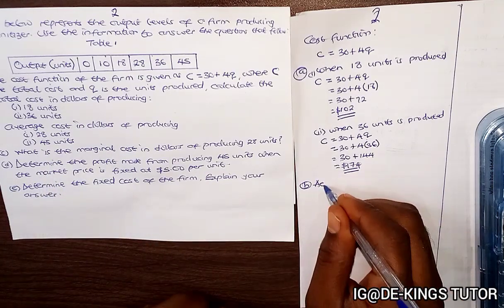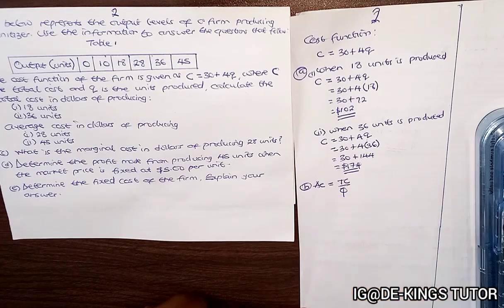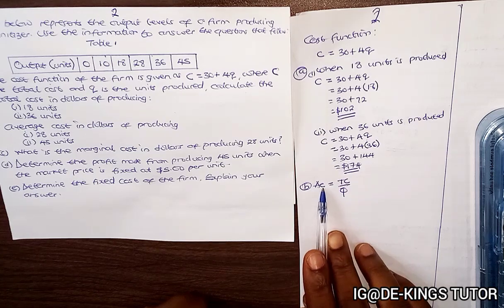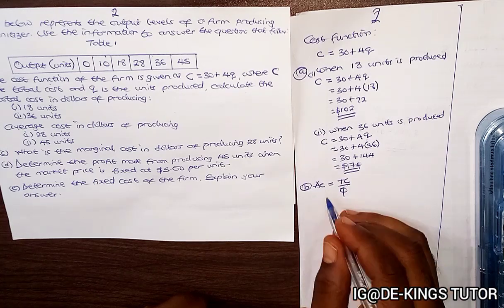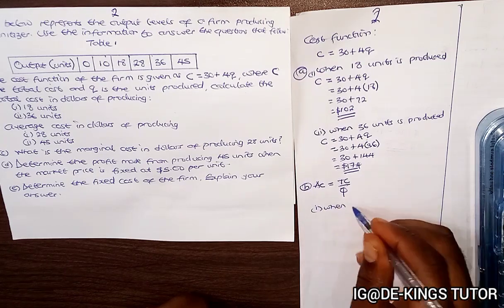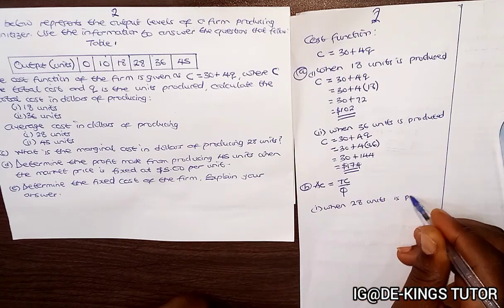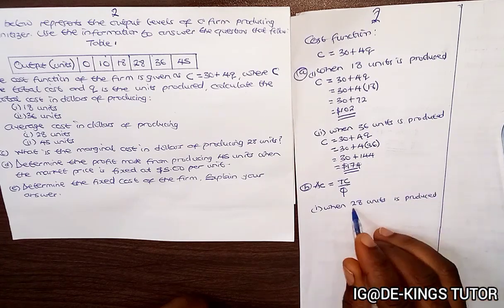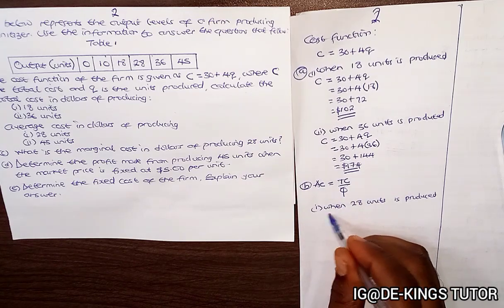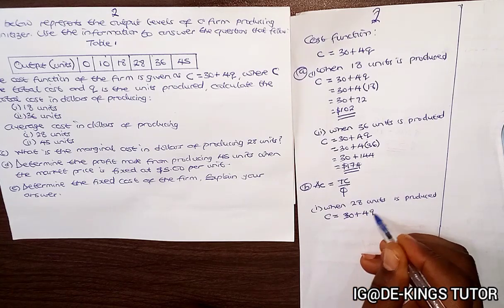So we have B, average cost in dollars of producing 28 units. The formula for average cost is given as total cost over what? Quantity. So we are going to first get our total cost before we can solve for average cost. When 28 units is produced, the total cost function is 30 plus 4Q.